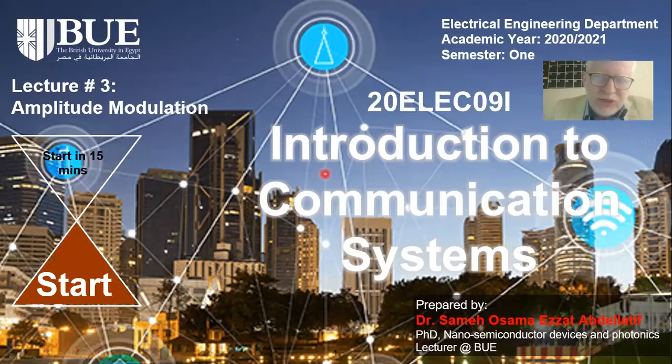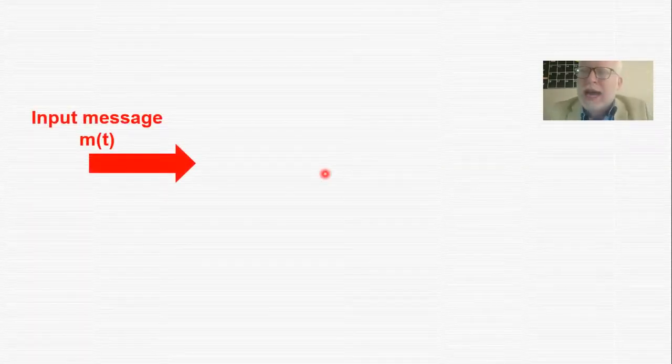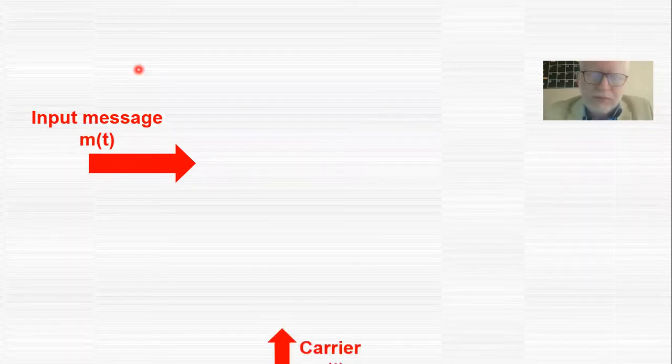In the previous lecture, my dear students, we introduced the modulation process as a 2-input process. The first input is a message, and as far as we are talking about an analog modulation technique, the message will be an analog signal.